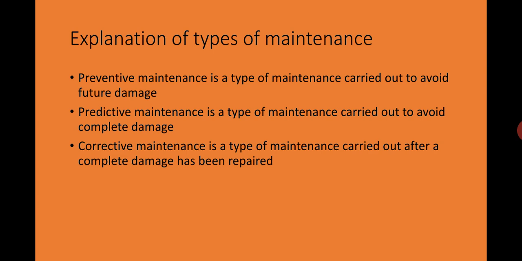Predictive is when, for instance, your daddy took his car key from the dining, went down to the car, and put it on the car. When he started the car, he observed that the car's sound had changed.